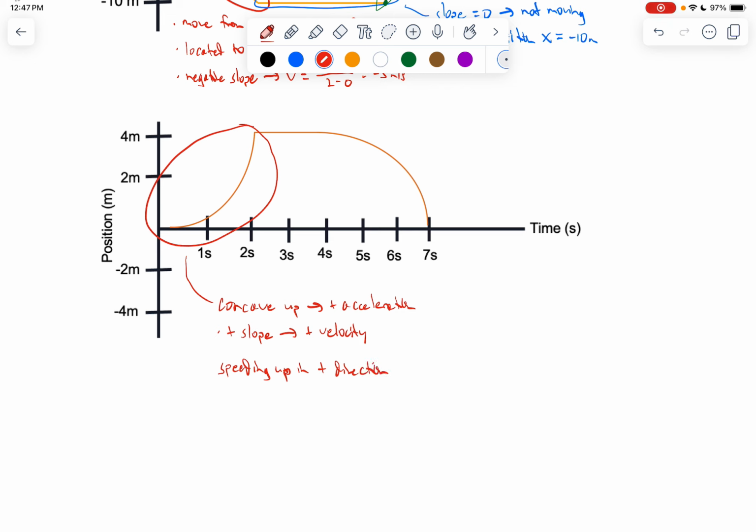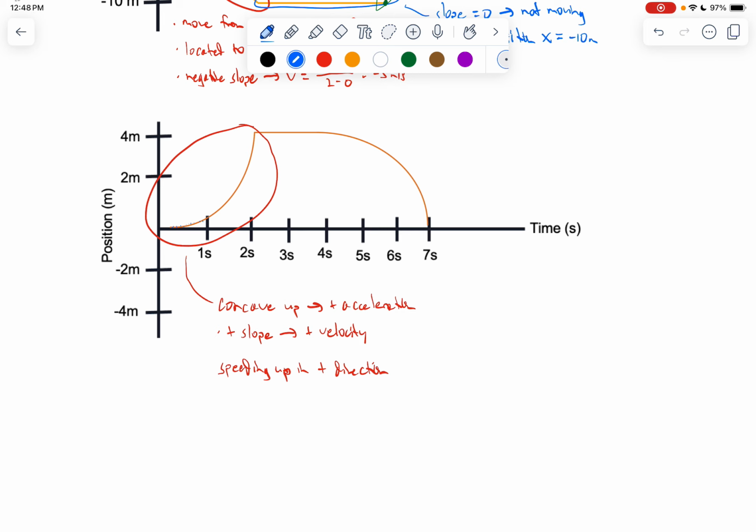So as we start at the origin, we start moving towards the right. As we trace ourselves along here, in those first 1 second we're moving in the positive direction, but we're doing it pretty slowly. We're not gaining much of our y value here. We're not moving very far up. Maybe we're at a position of 0.5 meters in 1 second.